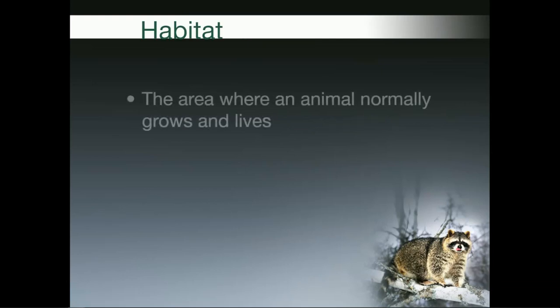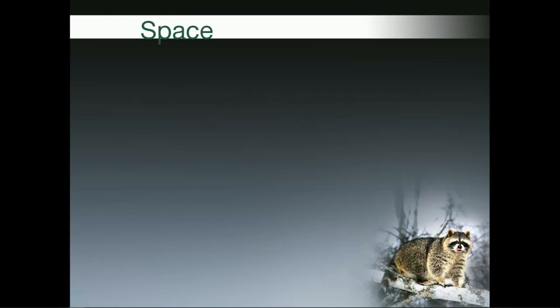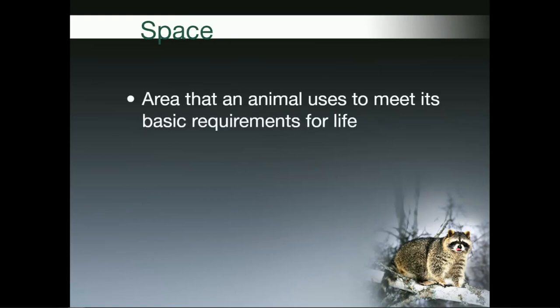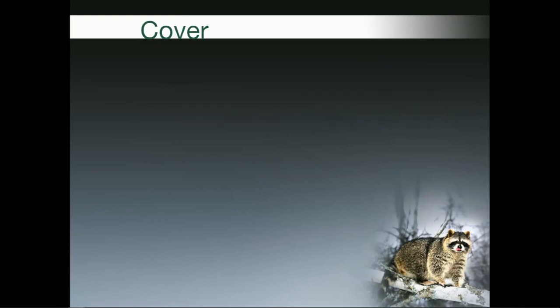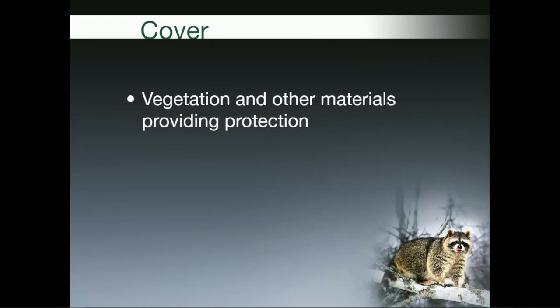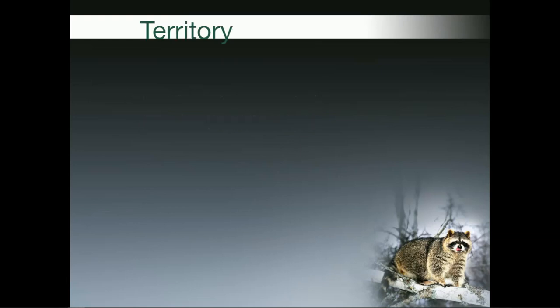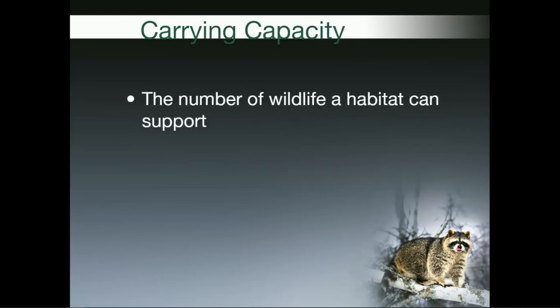So habitat is an area where an animal lives. Space is how much area a particular animal needs to move around. Cover is just that. It's an area that's going to provide protection for the animal. Territory, that's an area an animal's going to defend. And then carrying capacity. So it's the number of wildlife a habitat can support.